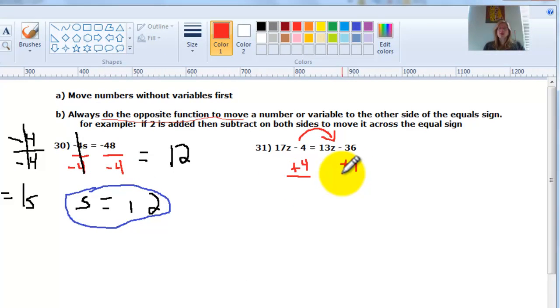And you're combining like terms. So you're just going to add the 4 to the other number without a letter. So negative 4 plus 4 is of course 0, and that was the goal there. We wanted to make that 0. And then the difference, if you follow your integer rules, you have a negative and a positive and you're adding. So you find the difference and take the sign of the larger number.